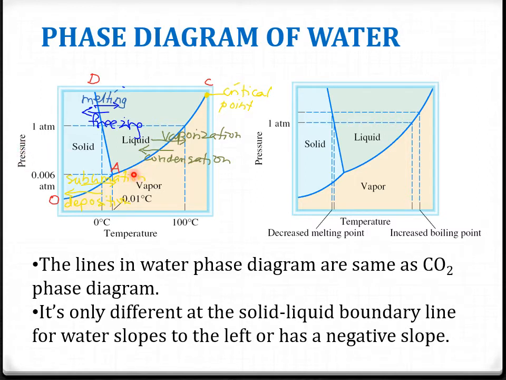Let's take a look at the AD boundary line. If the pressure increases above 1 atm, it will increase the boiling point and lower the melting point here. A decrease in pressure will lower the boiling point and raise the melting point.